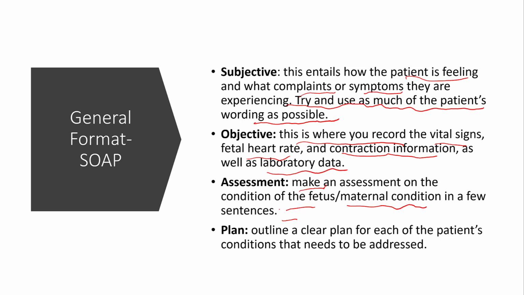That is your assessment. Then your plan is a clear plan for each of the patient's conditions which were detected at the previous subjective and objective assessments, and the things which you have highlighted or identified for action.